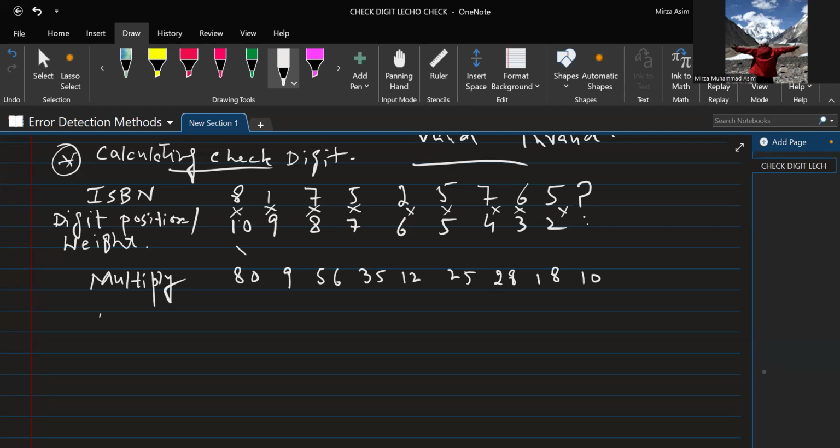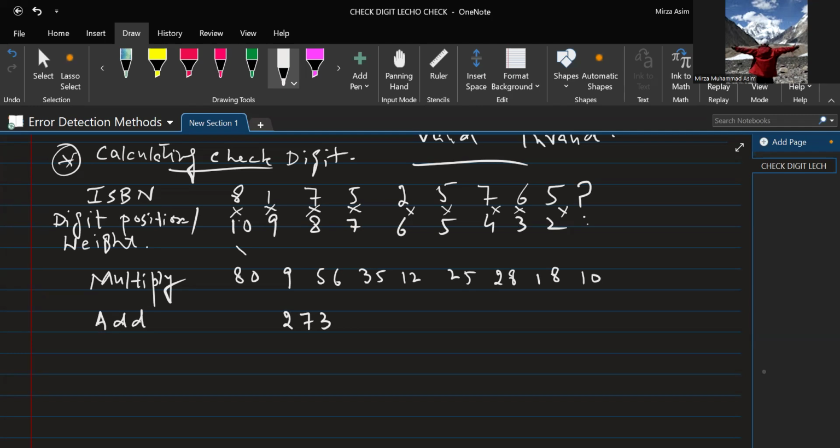Now let's add all these numbers, right? It comes up to 89, 56, 35, 12, 25, 28, 18, 10. That sums up to 273, if I'm not wrong.